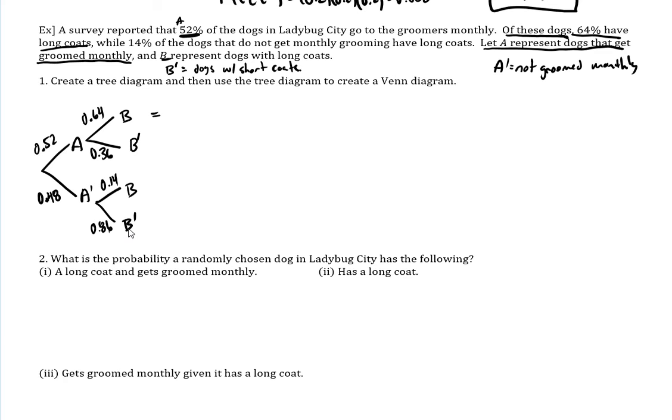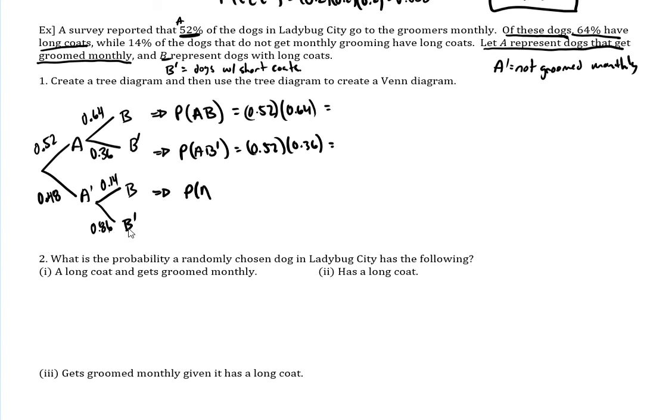So we've got it. And then from here, we've got the probability of A and B, which would be the 0.52 times the 0.64. And then we'll wait for a calculator, and let's get these other ones. This would be A and not B, which would be the 0.52 and the 0.36.